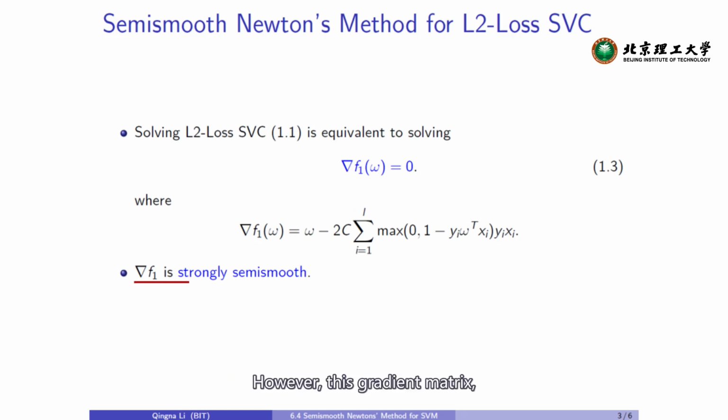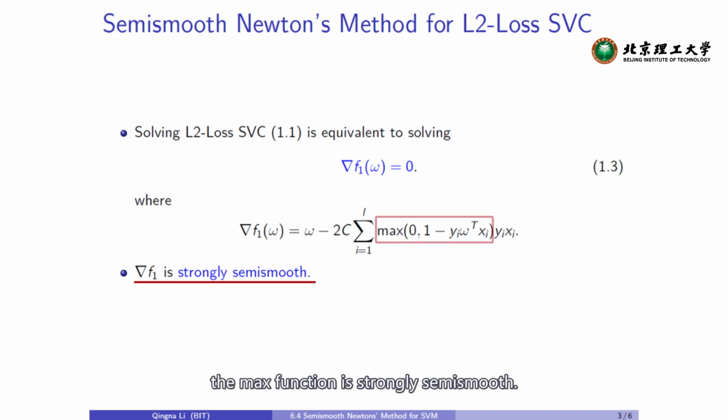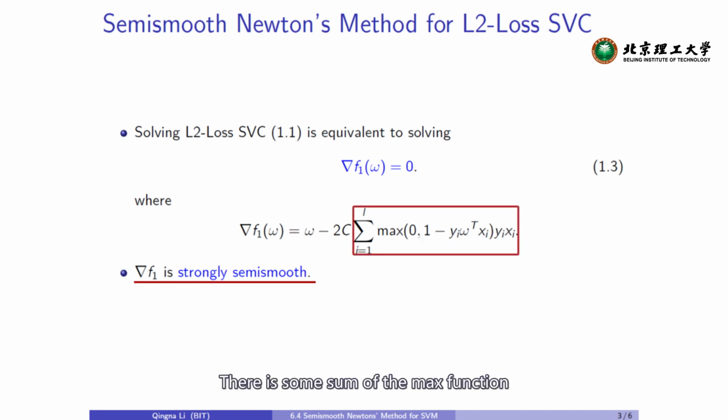However, this gradient function is strongly semi-smooth. All right? So as we mentioned before, the max function is strongly semi-smooth. And there is some sum of the max function, and also we have some multiplication of the max function, right? So as we mentioned, any composition of strongly semi-smooth functions is strongly semi-smooth, okay?